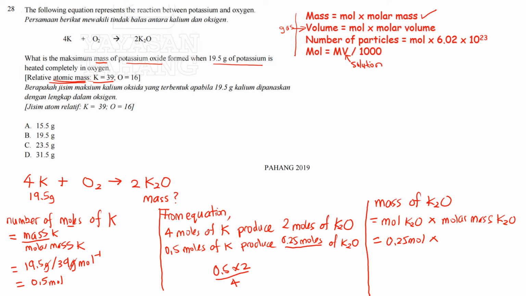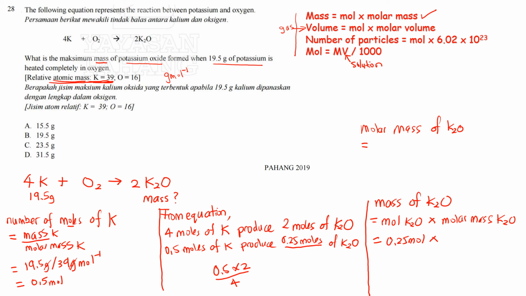This one you need to count. So we count the molar mass of potassium oxide. What is the molar mass of potassium? We refer back to the question. They give you relative atomic mass. Remember, relative atomic mass also means molar mass. The only difference is relative atomic mass has no unit, while molar mass has a unit, gram per mole, but the value is the same.